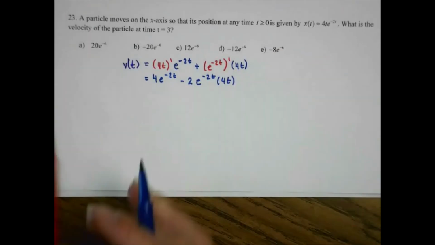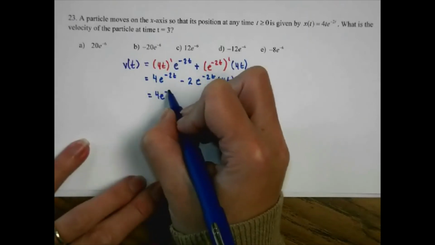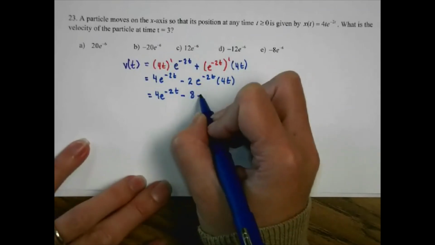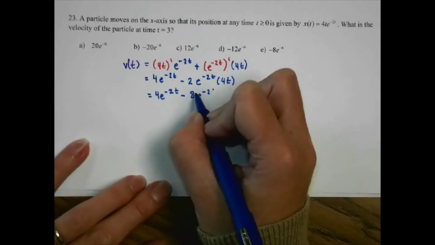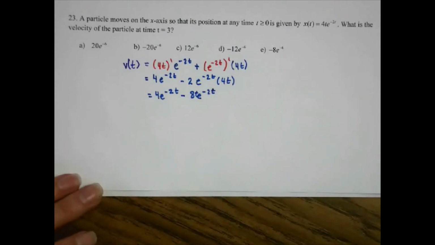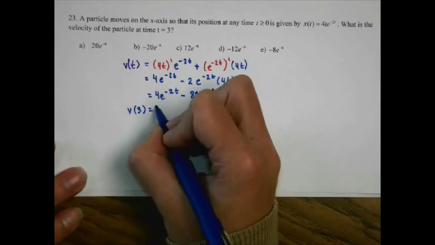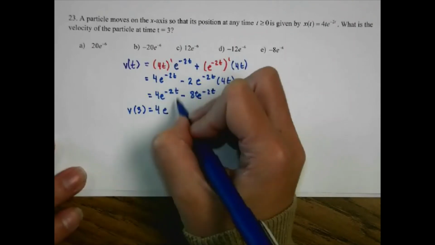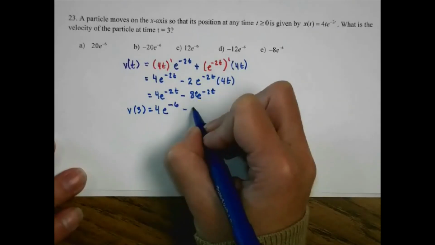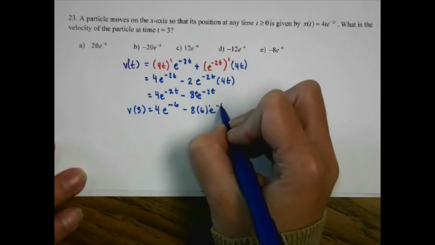I am going to evaluate this, so I'll simplify it one step first. So 4t makes this negative 8t e to the negative 2t. And then we'll go ahead and evaluate at 3. It's going to be 4e, negative 2 times 3 is negative 6, minus 8 times 3, which is 24, e to the negative 6.